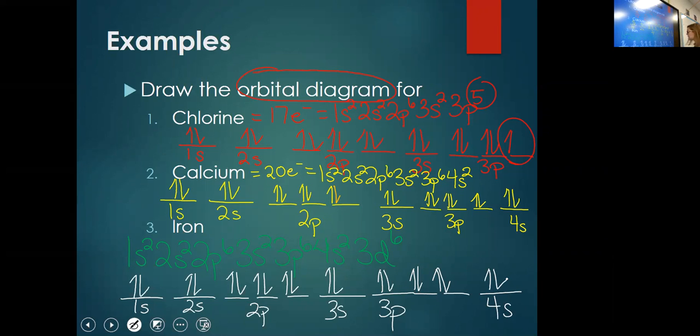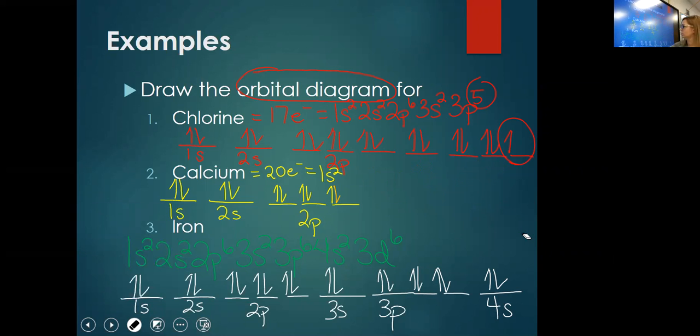I'm running out of space, so I'm going to have to put 3D above up here. So I'm going to get rid of some of this here. Okay, so I'm going to have to continue 3D up here. Since it's a D, we have 5 orbitals.